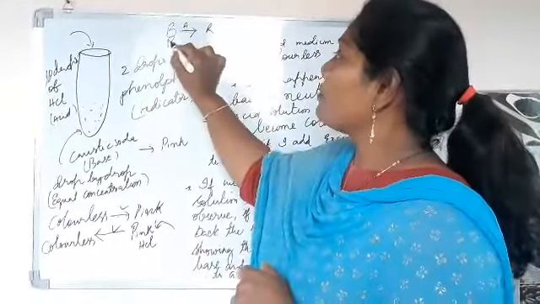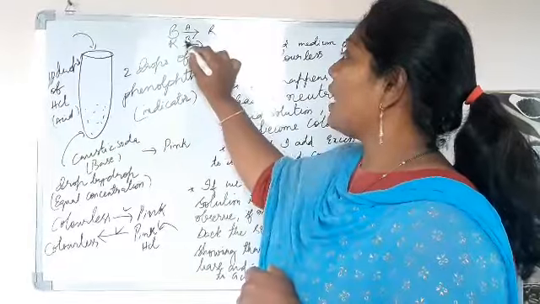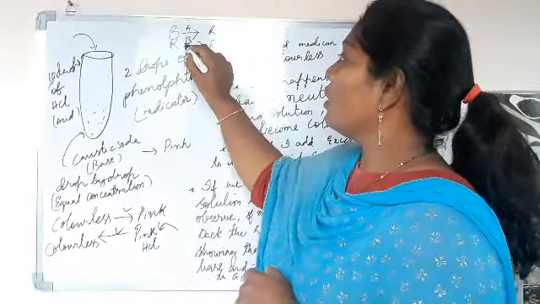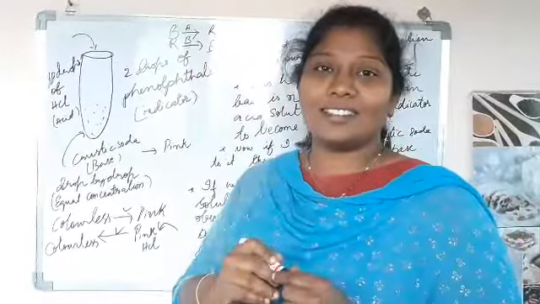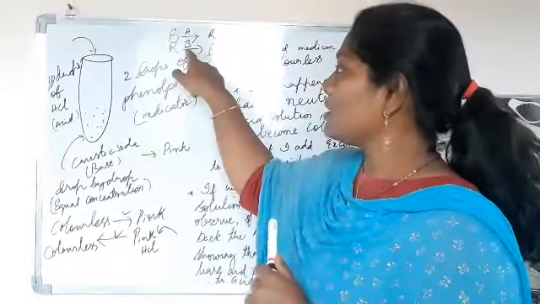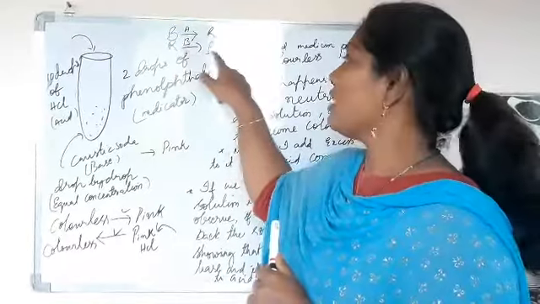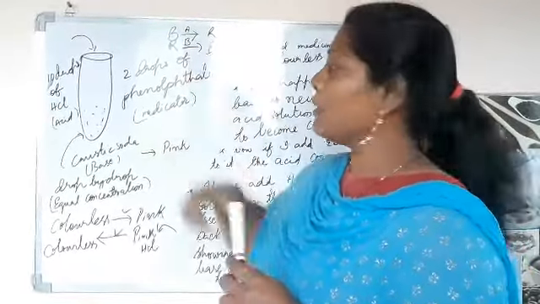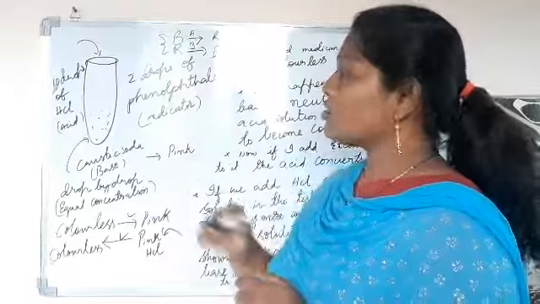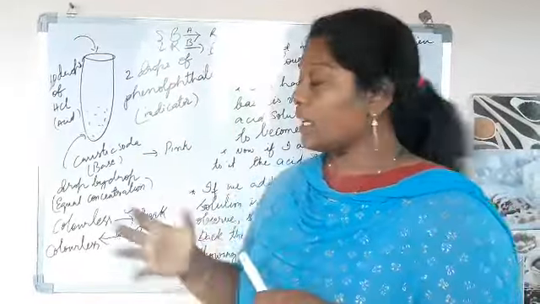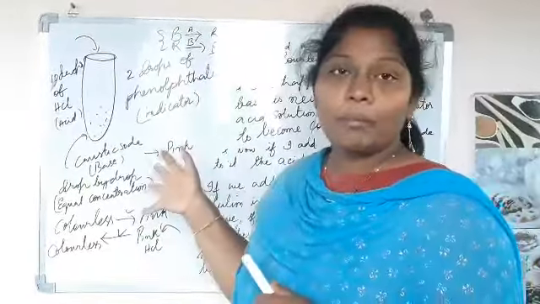If a red litmus paper is taken, it will convert into blue in the base. When you dip a red litmus paper in a base, it will convert into a blue litmus paper. By taking this as a standard, we can complete this experiment.